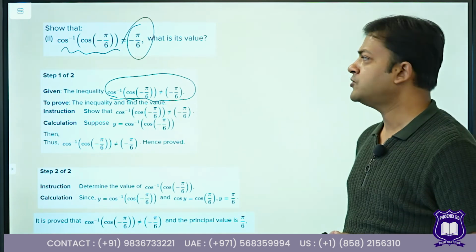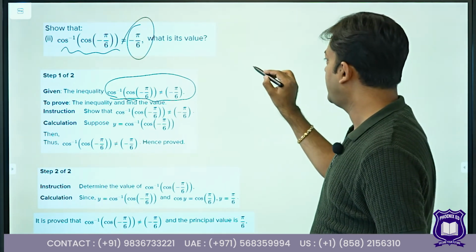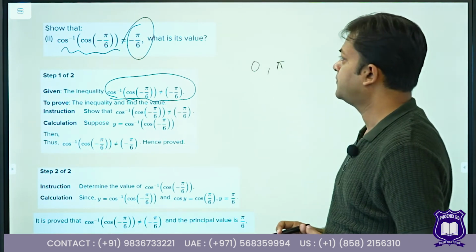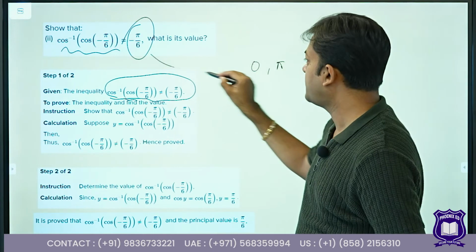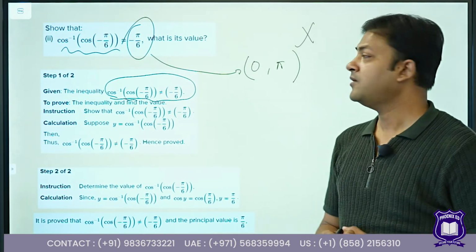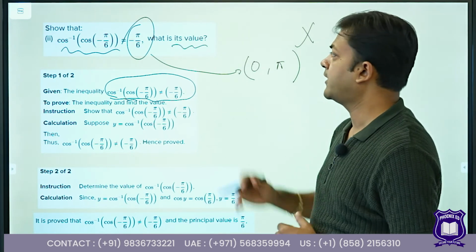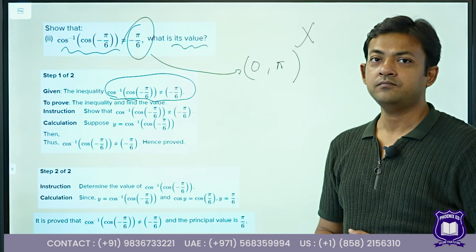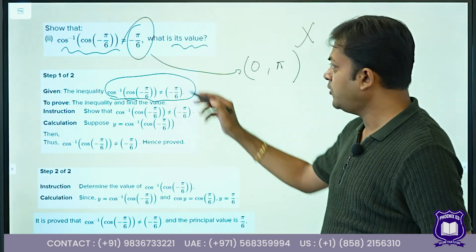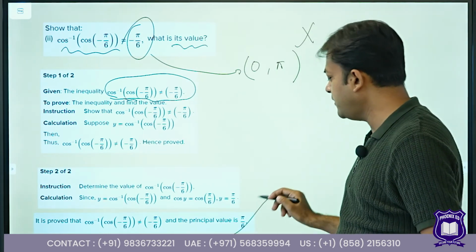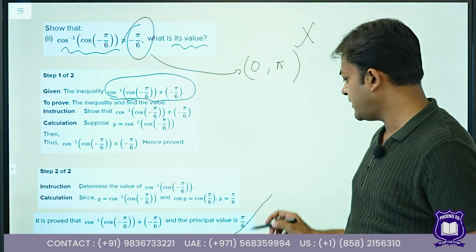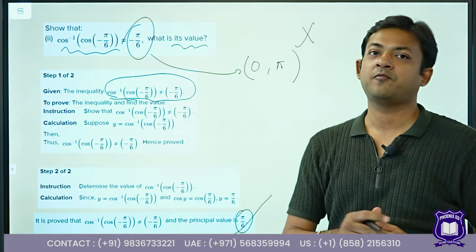The principal range of cosine theta lies between 0 to pi, and definitely minus pi by 6 does not lie in that interval. So the answer is no, it is not the correct answer. The principal value will be within our range of 0 to pi, and the answer comes out to be positive pi by 6.